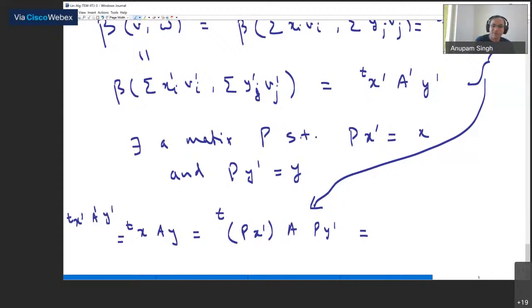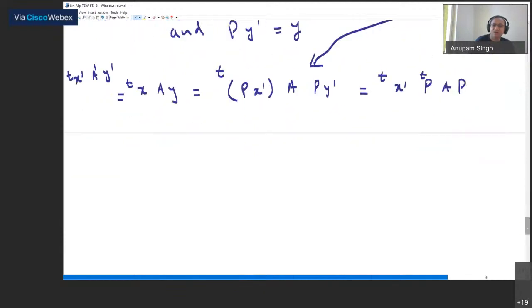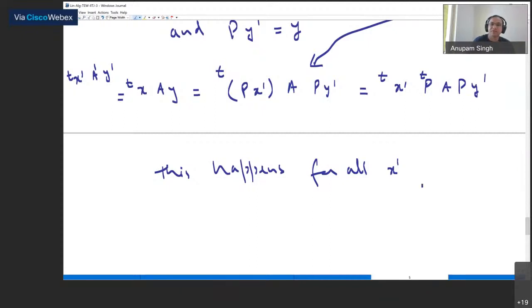So this becomes x dash transpose P transpose A P y dash. I forgot y prime here.